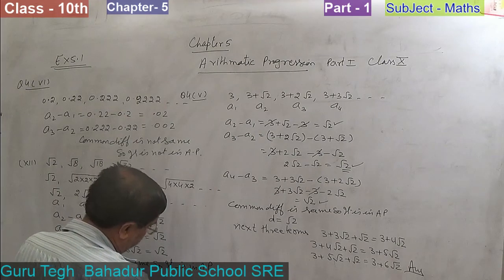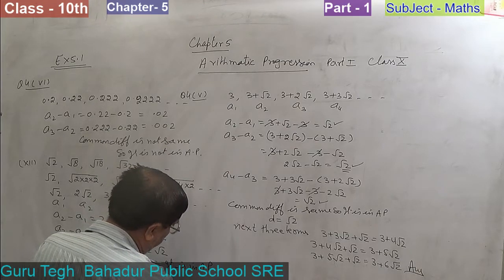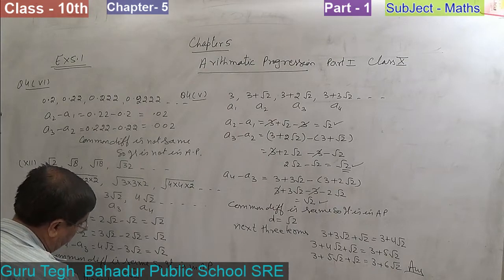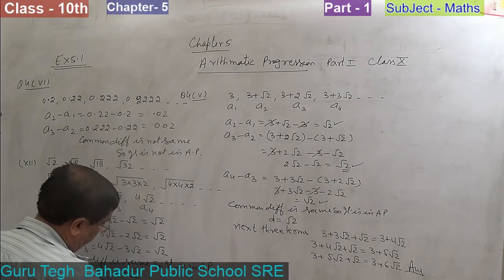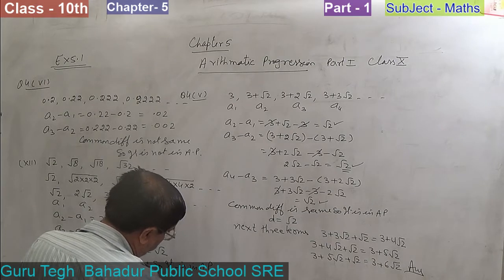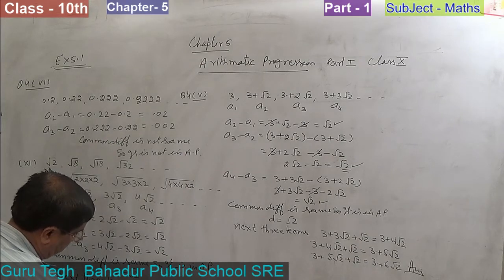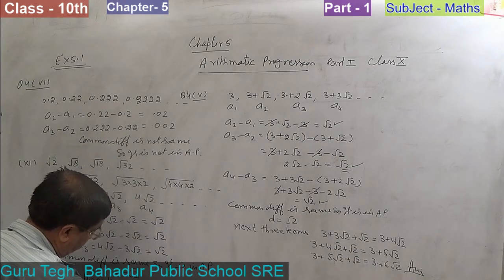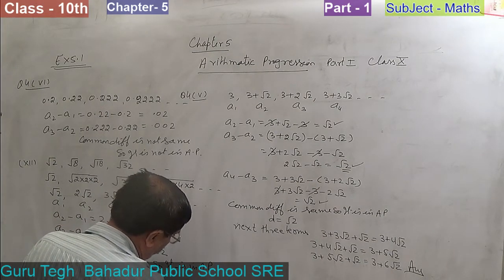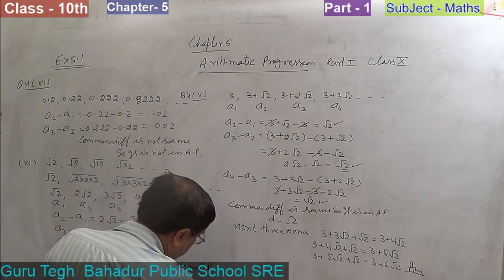It will be written as 5 into 5 into 2, that is root 50. 5 root 2 plus root 2, that will be 6 root 2, and it will be 6 into 6 into 2, that is root 72, and 6 root 2 plus root 2, 7 root 2, that is 7 into 7 into 2, that is root 98. This is the answer.